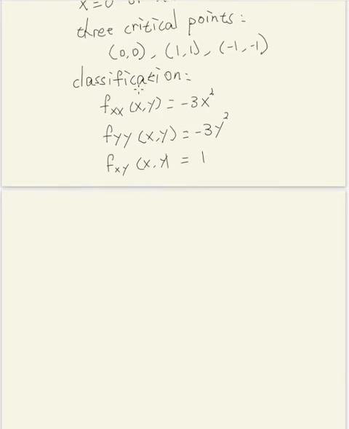Okay, and from these we get our D, the quantity that we talked about before. The formula for this D is fxx times fyy, let me just repeat that here just because it's important to memorize it, minus fxy squared.